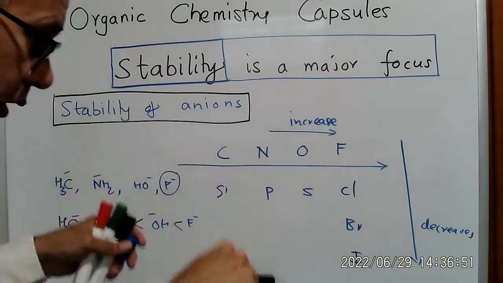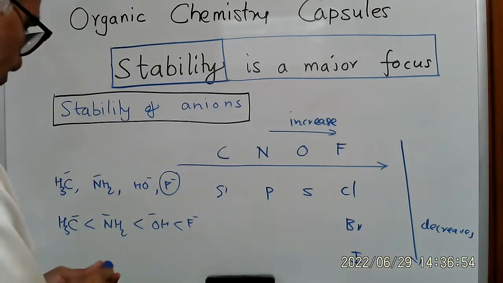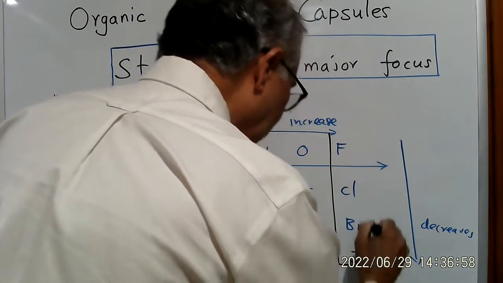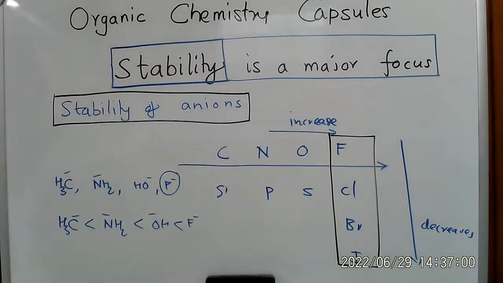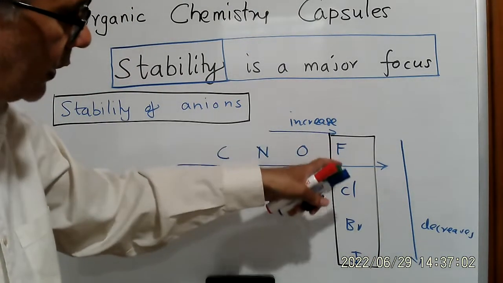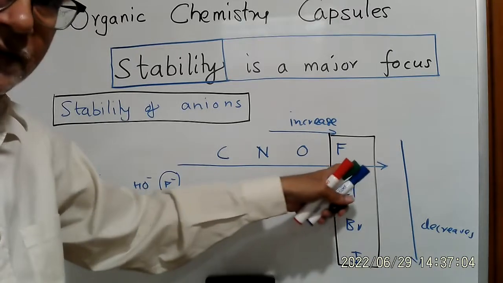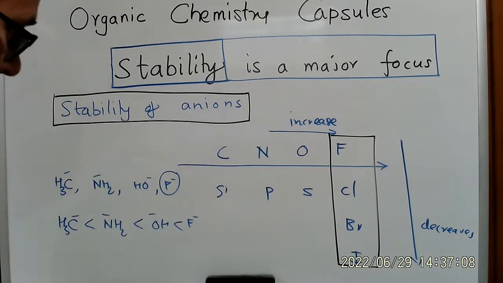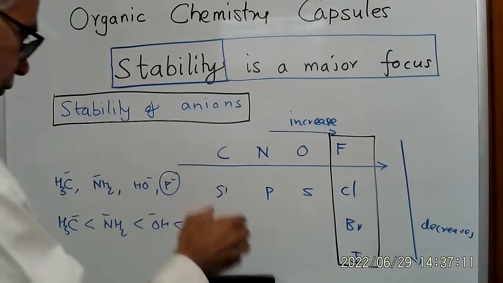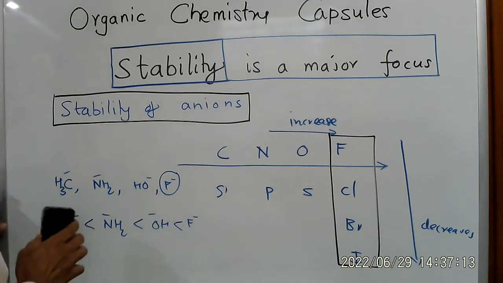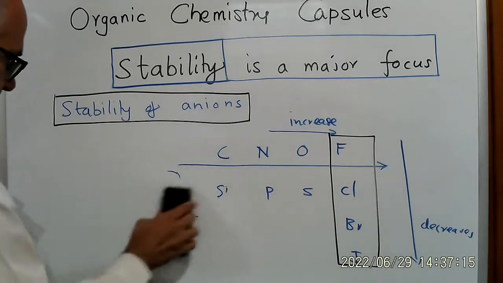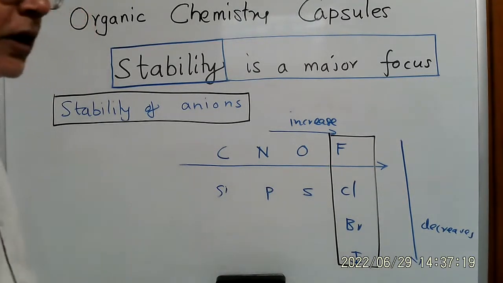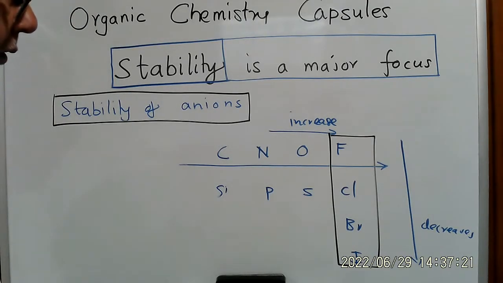Now in today's discussion, we will focus on this way. What happens if you are comparing the stability of fluoride, F minus, chloride, Cl minus, bromide, Br minus, iodide, I minus? When we do that, something interesting comes up. We cannot invoke electronegativity anymore.